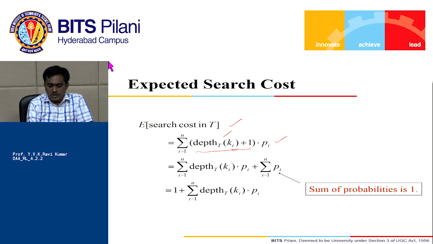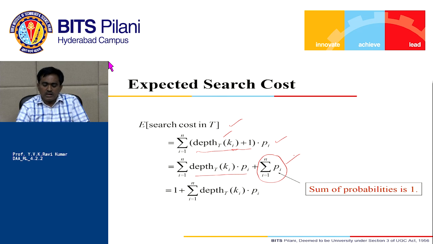If we simplify this, we get summation i equal to 1 to n of depth of ki into its corresponding probability Pi, plus summation i equal to 1 to n of Pi. The second term is nothing but P1, P2, P3 and so on up to Pn, which is the total probability, so this is going to be 1.